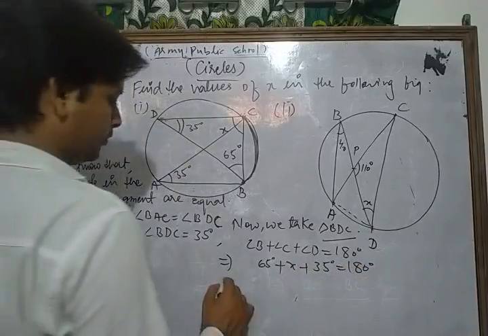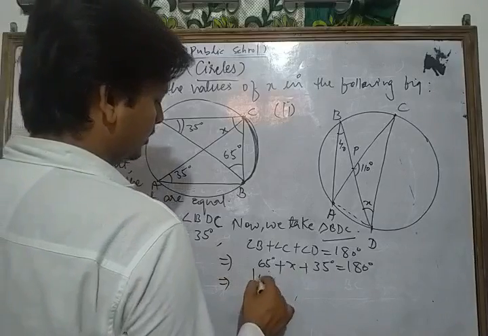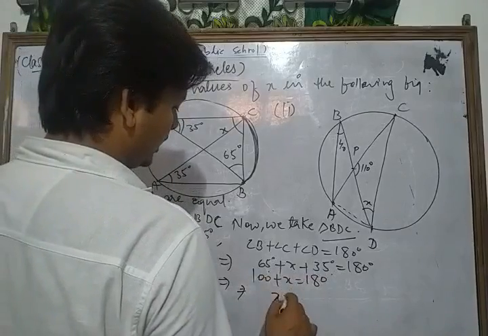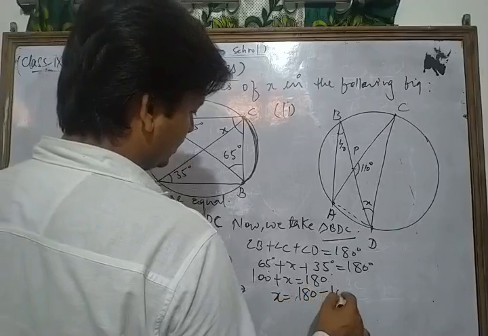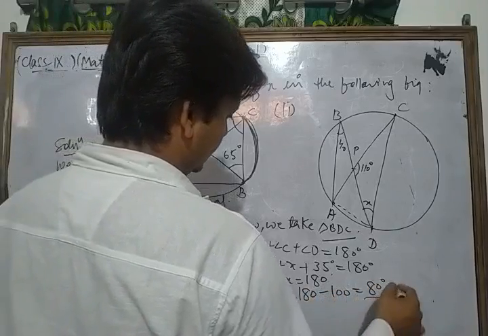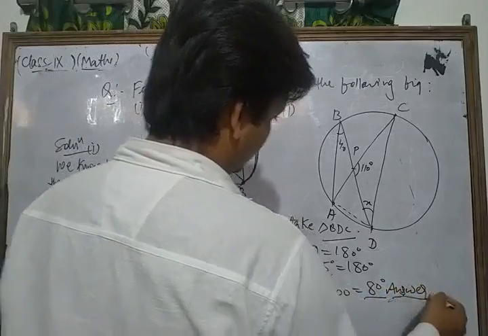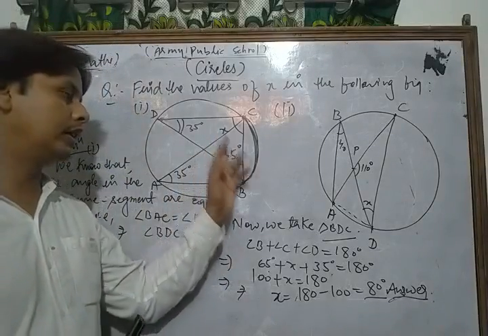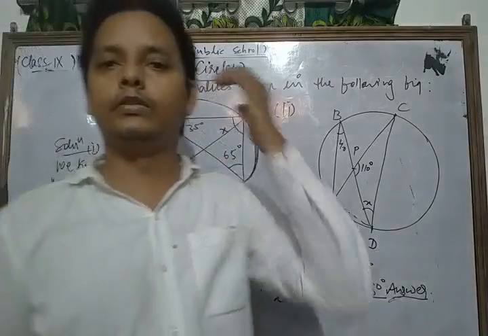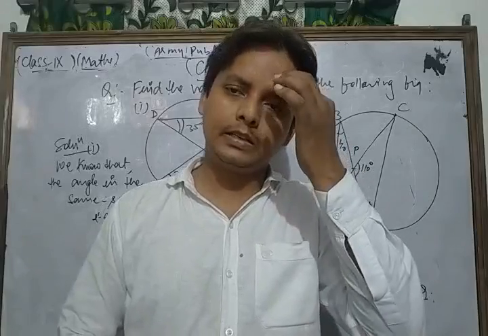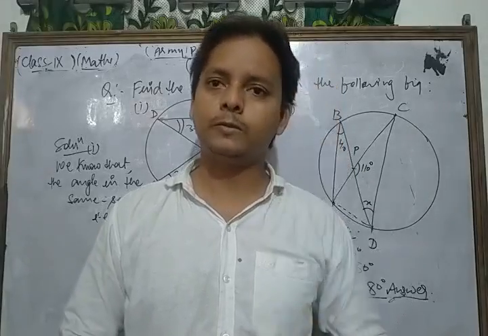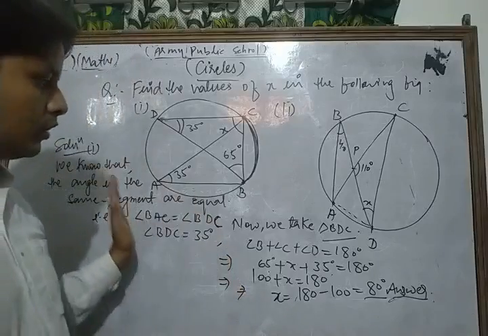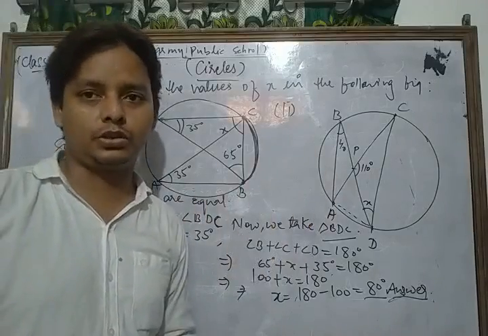So from there we get 65 plus 35 is 100, so 100 plus x is equal to 180. So x is equal to 180 minus 100, that is 80 degrees. So this is the answer. In this way, for the first figure, the value of x is 80 degrees. Okay, so this is a very important question of your syllabus. Now similarly, dear students, using that concept we take and solve the second part of this question. Let's see.